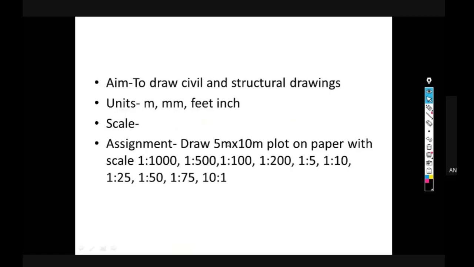Now this is a small assignment for all of you, 5 meter by 10 meters. Please draw the, now tell me how much will come as 1:1, how much, 1,000. So let's say 10:1, 5 meter by 10 meter, I want to draw on A4 size, scale 10:1. What is meant by 10:1?